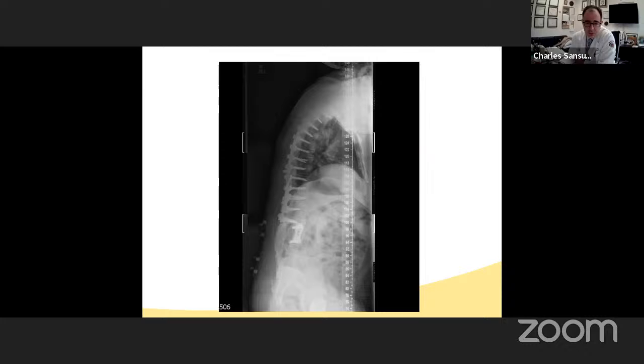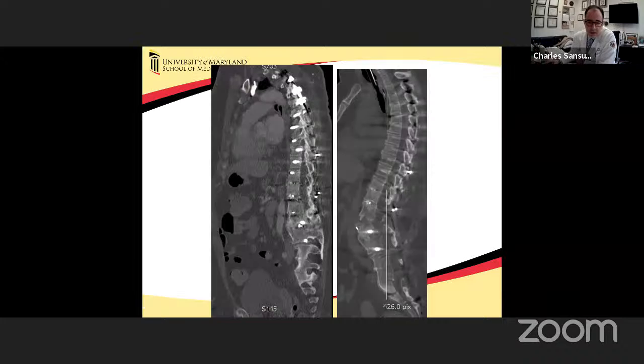Depicted here is a patient who has had a previous surgery with a calcified ALL, and in this case, the ALL was essentially cracked, and that allowed the correction to be achieved without doing a full pedicle subtraction osteotomy.